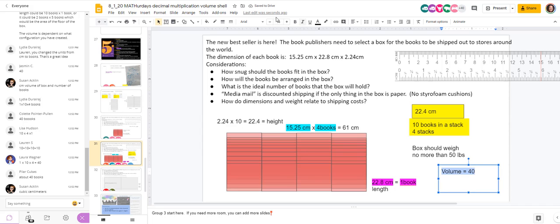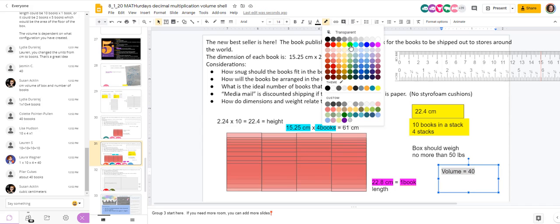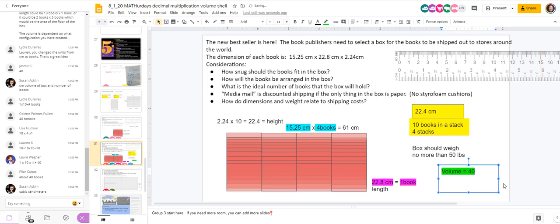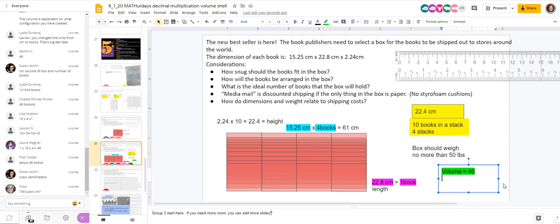So we have one number, which is 40. What's our other number? 160 centimeters cubed.